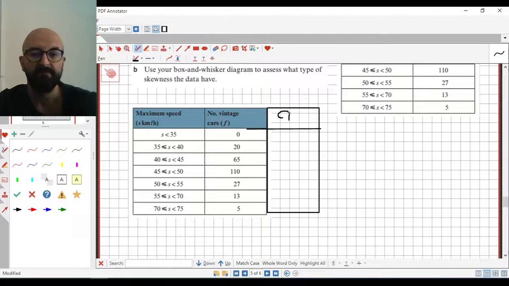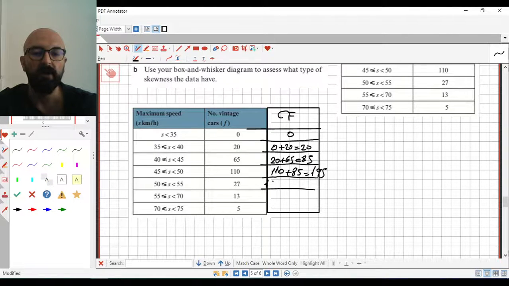cumulative frequency. Okay, now in the first group we have 0 cars, and in the second group 0 plus 20 cars, so 20, and for the third group 20 plus 65 cars, 85 cars, and the other one 110 plus 85, 195.